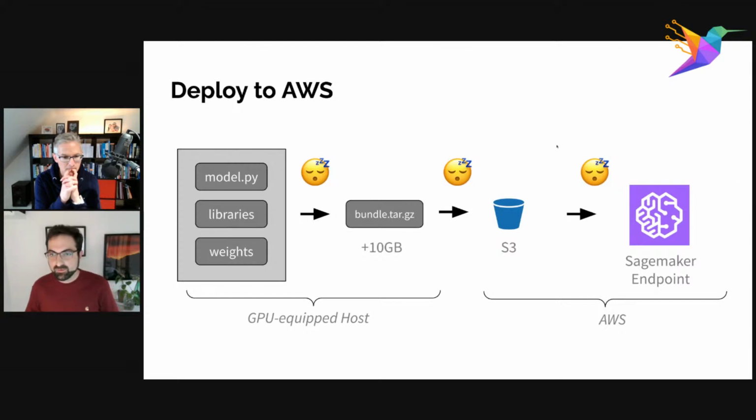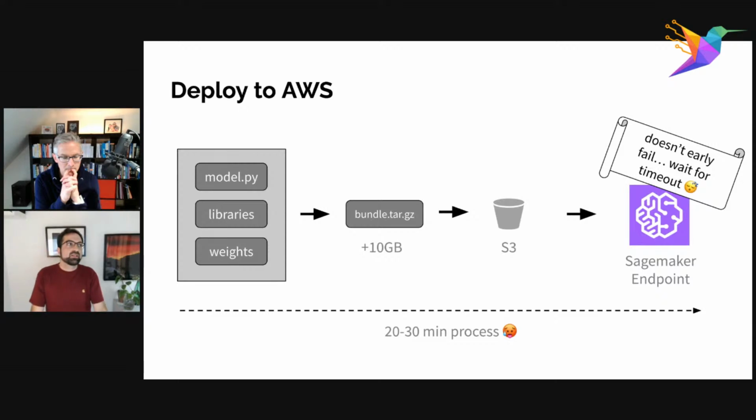This step is also proven to be fairly slow because of some complexities in SageMaker, I guess, but also what I would call flaws, in the sense that we ran into this case a number of times where whenever there is a problem with your bundle, SageMaker will eventually fail, but it will retry until some timeout goes off, and that will take you 10+ minutes just to get an error message: Hey, I couldn't load up your model.